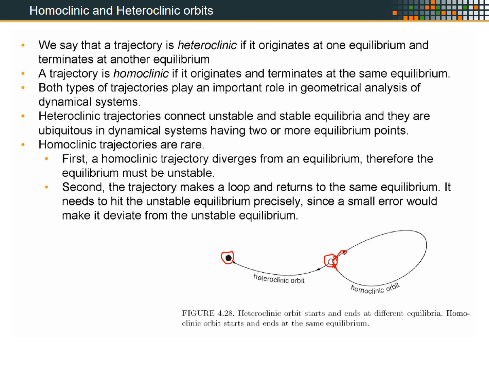Homoclinic orbits are rare. First, a homoclinic trajectory diverges from an equilibrium, and therefore the equilibrium must be unstable, right? And second, the trajectory makes a loop and returns to the very same equilibrium. It needs to hit the unstable equilibrium precisely, since a small error would make it deviate from the unstable equilibrium and therefore turn into a different direction. So both together make the homoclinic trajectory very rare.